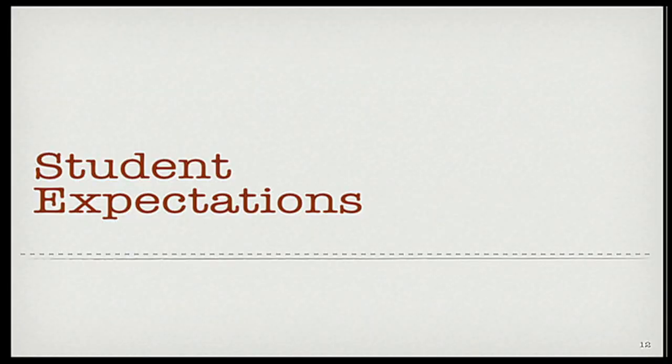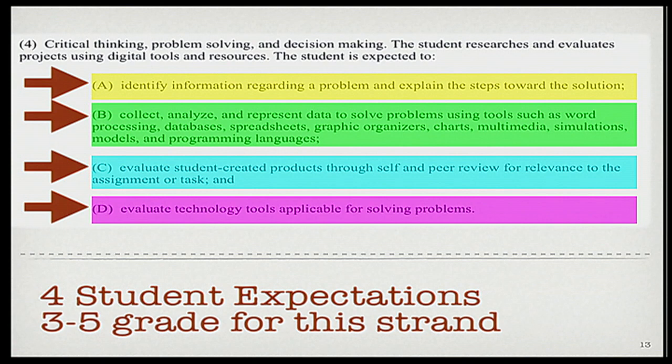What are student expectations? Student expectations are those things that we're asking the students to actually do in class. And again, we're going to find out that these are probably a little vague. Some of these are very vague statements. So let's look at this one. This is again, we're looking at the 3rd through 5th grade technology applications TEKS. This is strand 4, critical thinking and problem solving.